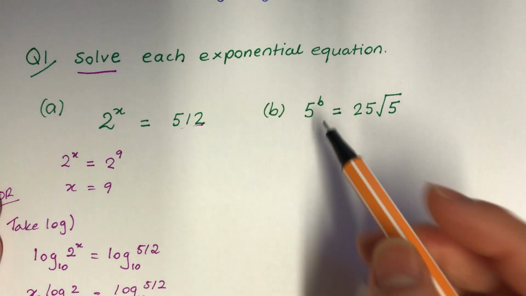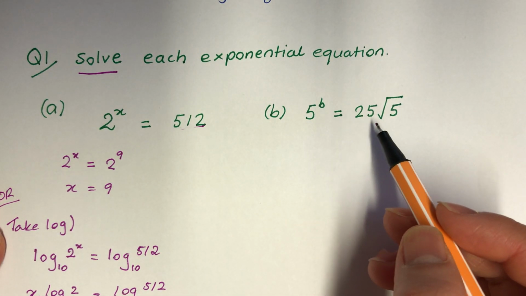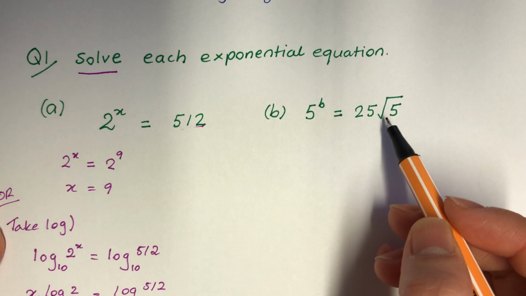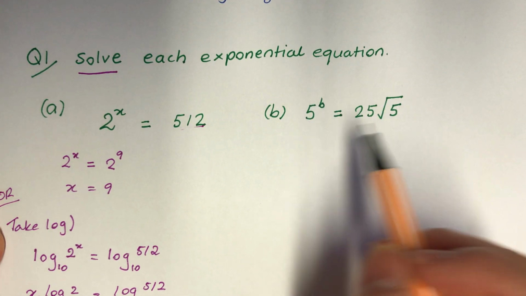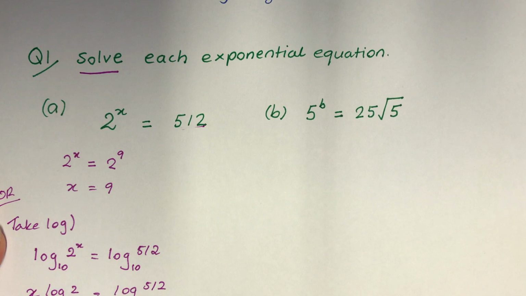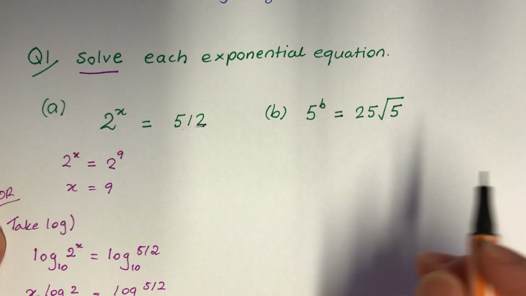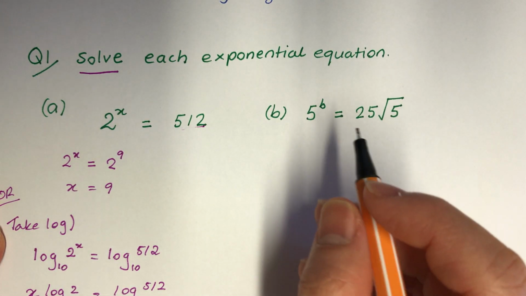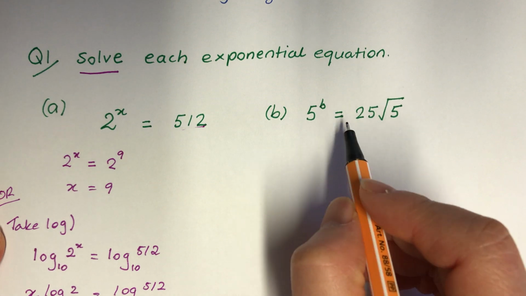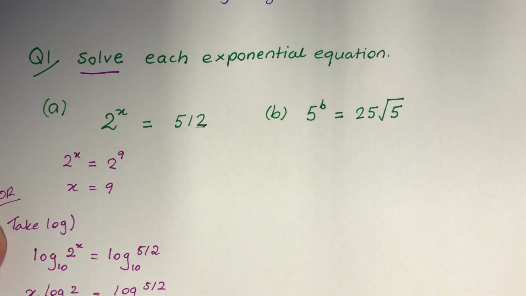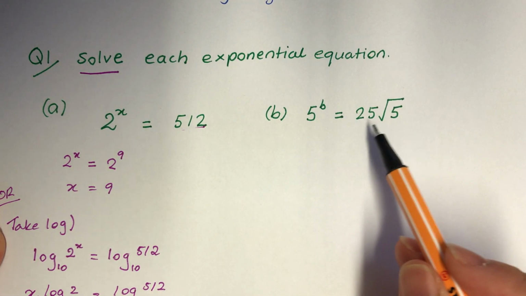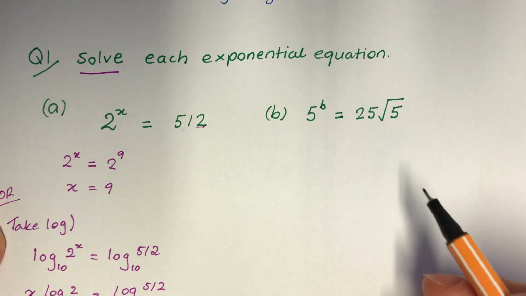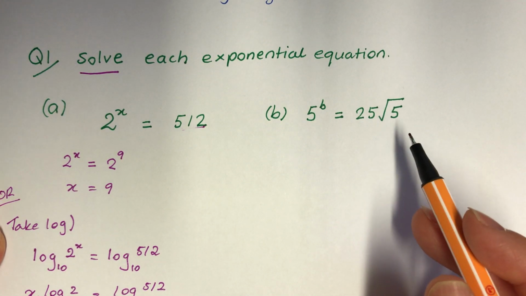Next one, 5 to the power of b equals 25 square root of 5. I just want to mention that this is what an exponential equation form looks like. Now this one I could take log, it's not a problem, but my base is 5 and I can work with 5 here. It's 25, 5, there's a lot of 5s there.